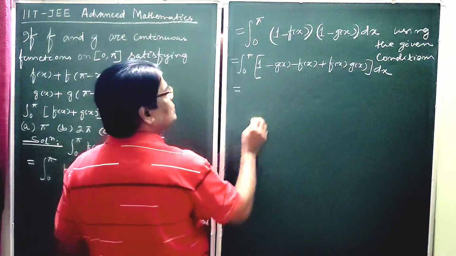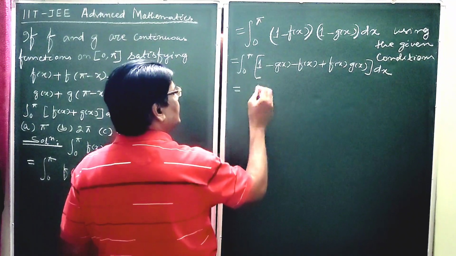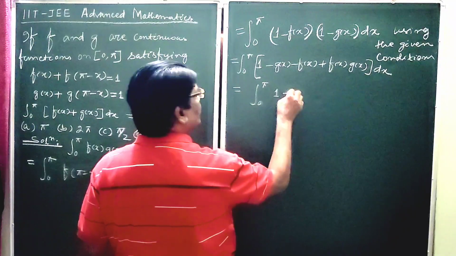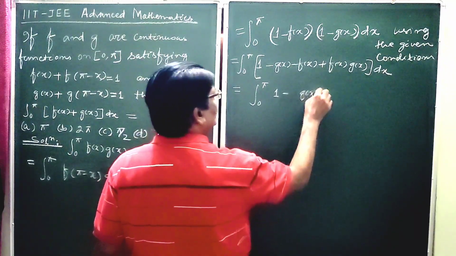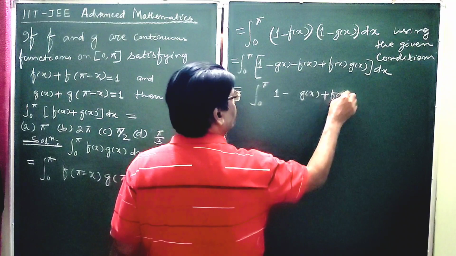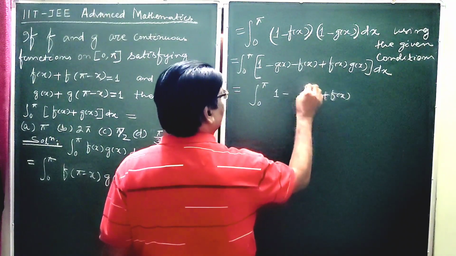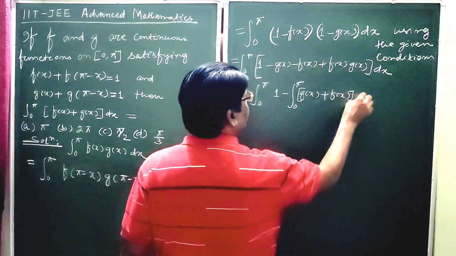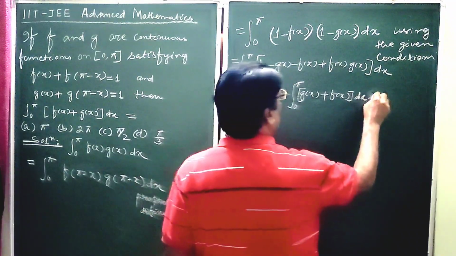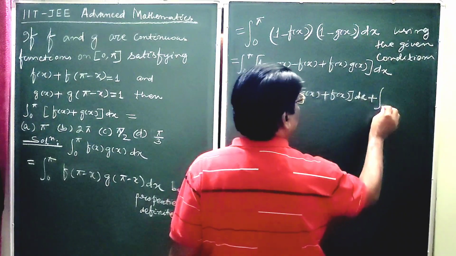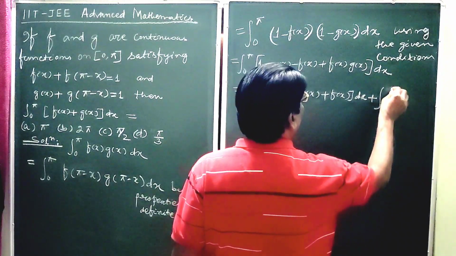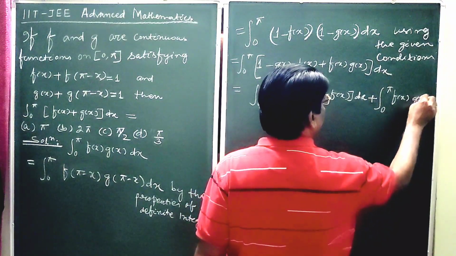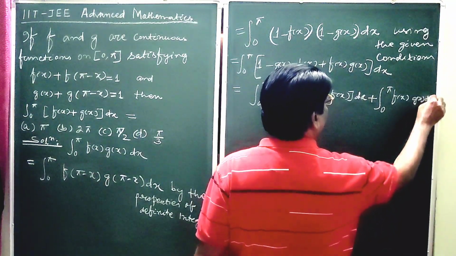This is equal to the integration from 0 to pi of 1 minus g of x minus f of x, which is the integration from 0 to pi of dx, plus the integration from 0 to pi of f x into g x dx.